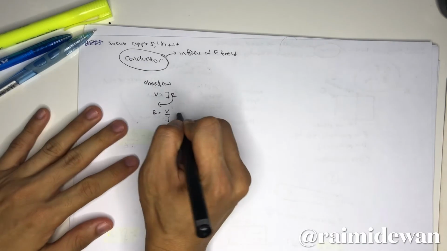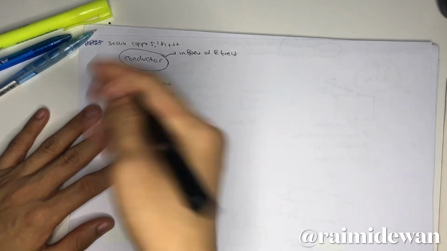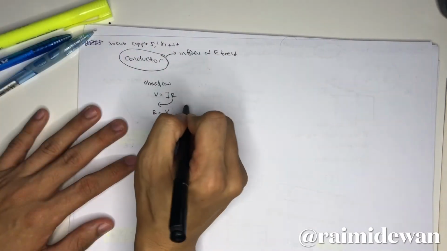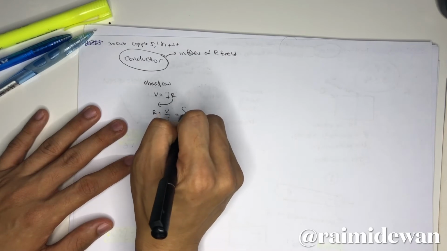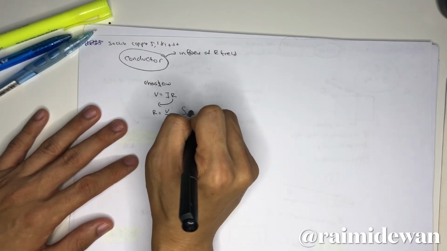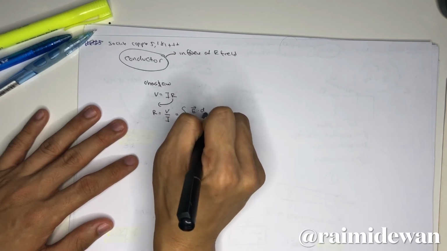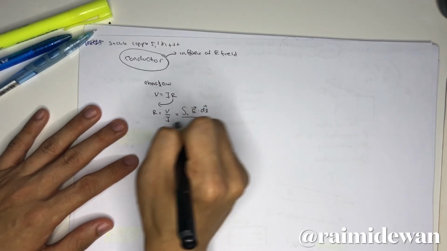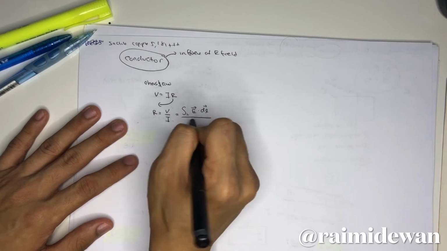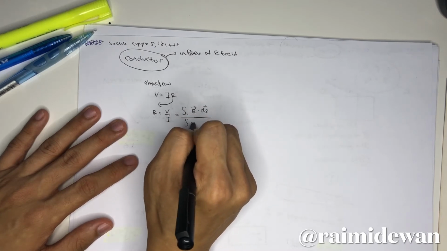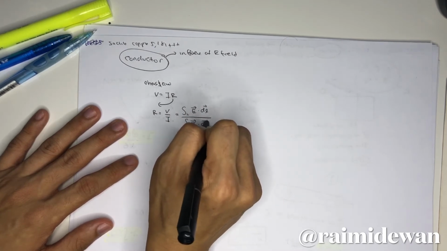So what have you learned? For the V that you have learned in the previous lecture, it is actually a line integral, and you have E vector dot dl. And what I that you have learned just now? J ds, right?